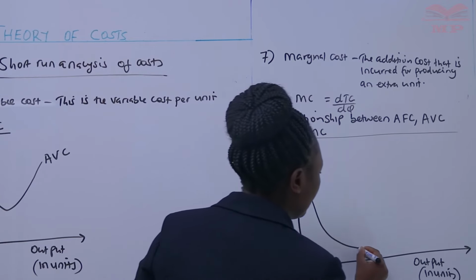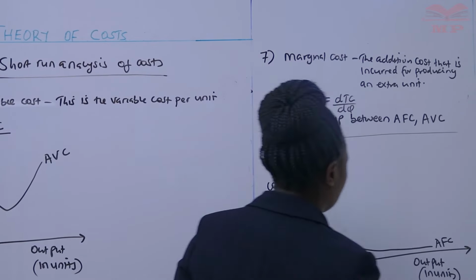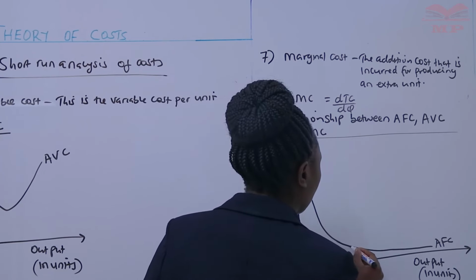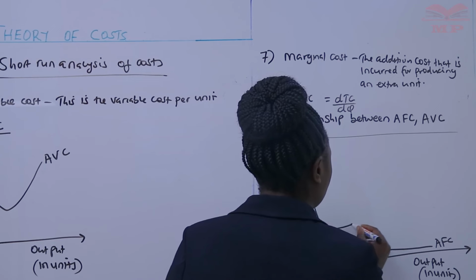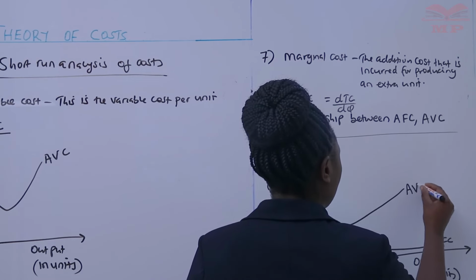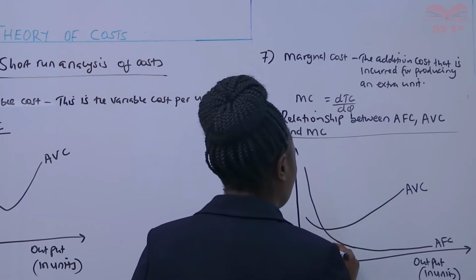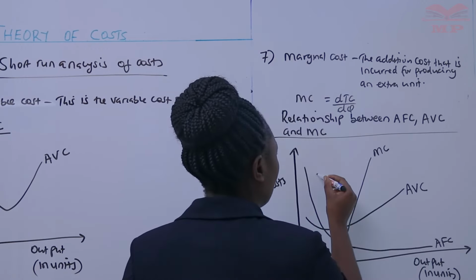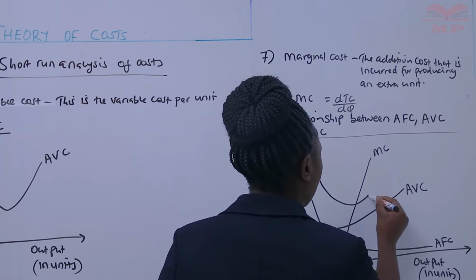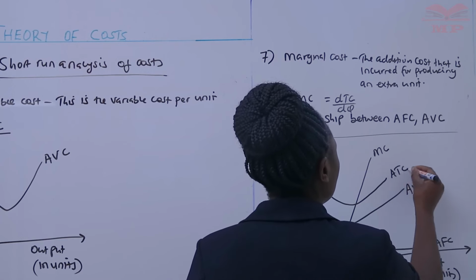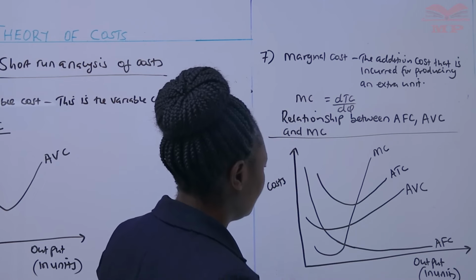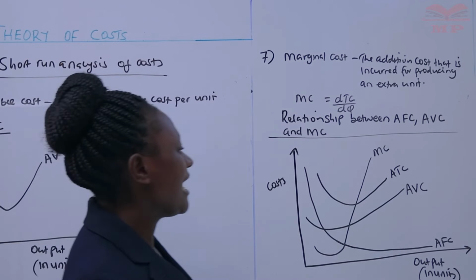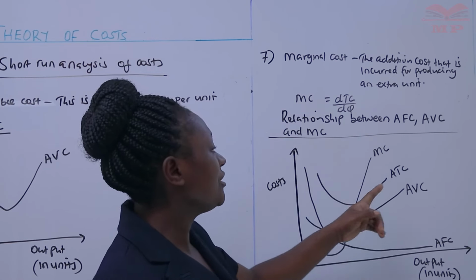So we have the average fixed cost, we have the average variable cost, then we have the marginal cost, and then we have the average total cost.